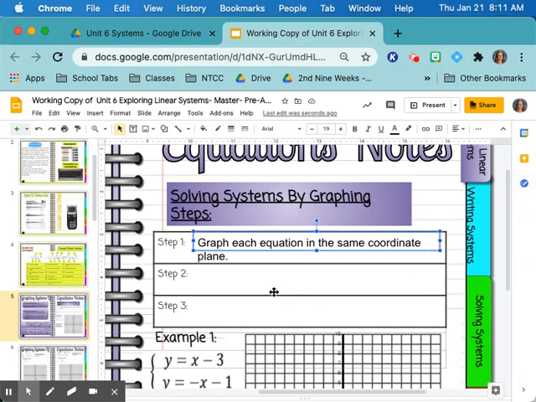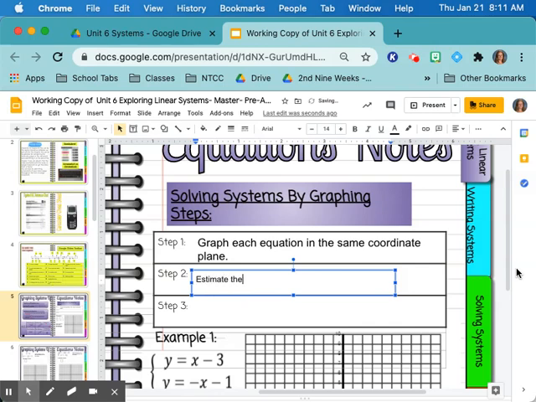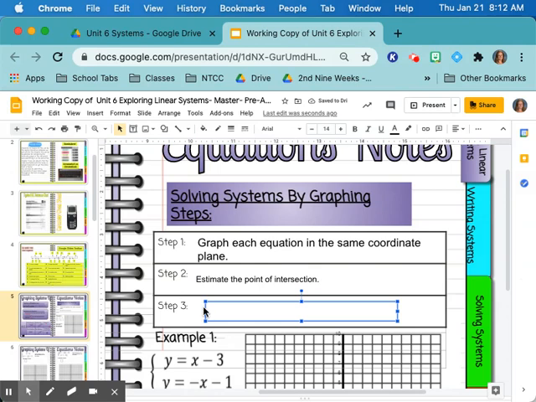Step 2 is estimate the point of intersection. In step 3, check the point from step 2 by substituting x and y in each linear equation.